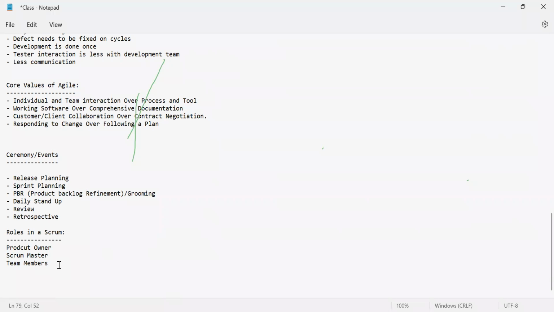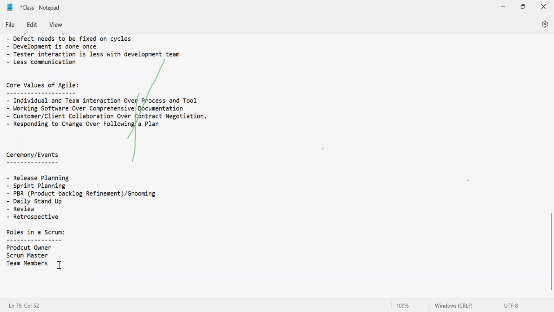Okay, Scrum teams are nothing but small teams who will be able to pick up the stories from the product backlog and start developing it. If, for example, there are 100 stories in our product backlog, the first 10 or first 20 are prioritized by the product owner.